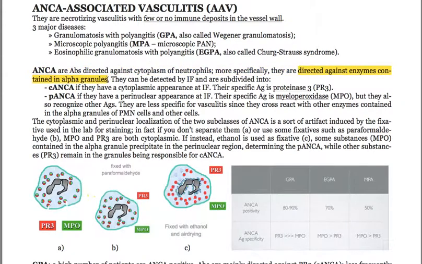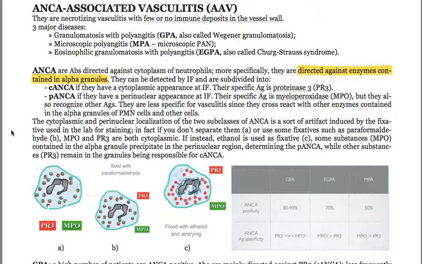They can be detected by immunofluorescence and are subdivided into cANCA if they have a cytoplasmic appearance at immunofluorescence. Their specific antigen is proteinase 3. pANCA if they have a perinuclear appearance at immunofluorescence. Their specific antigen is myeloperoxidase, MPO, but they also recognize other antigens.